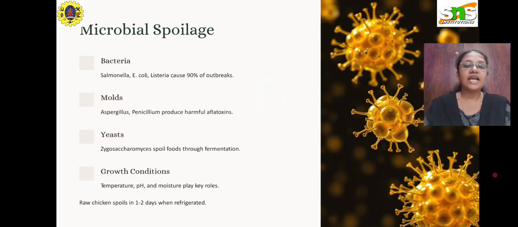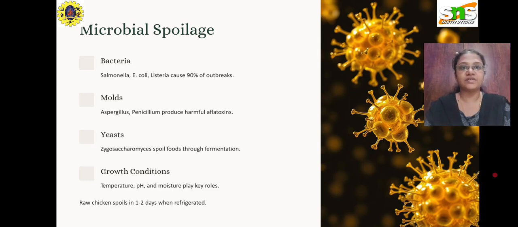So mainly, as I already told, the spoilage is due to the microbes that interact with each other. There are an ample number of microorganisms, but those which contribute the most are bacteria, molds, and yeast, and we will also discuss the growth conditions.